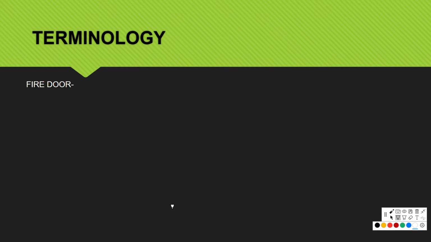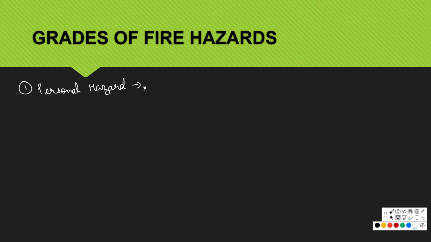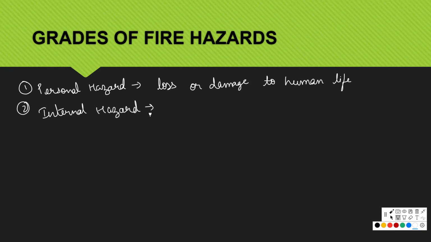Basically, there are three grades of fire hazards. First is personal hazard, which is loss or damage to human life. Second is internal hazard. Basically, internal hazard is fire spreading inside a campus or a building.